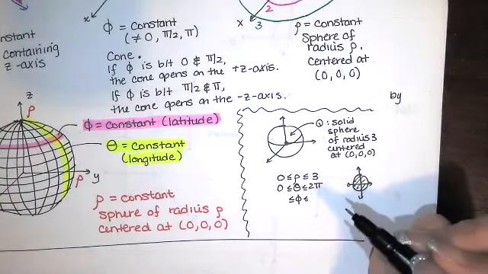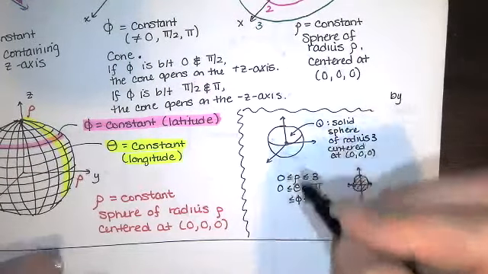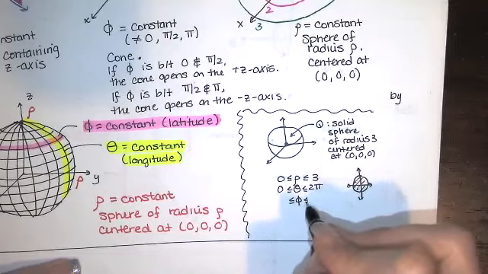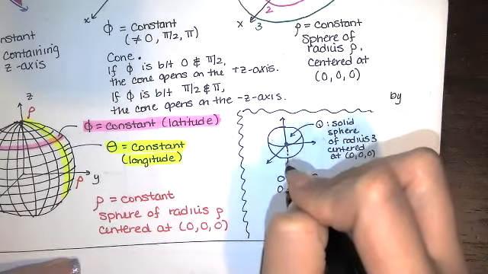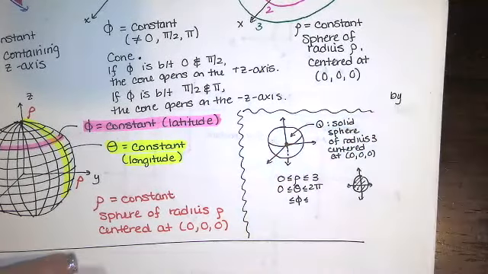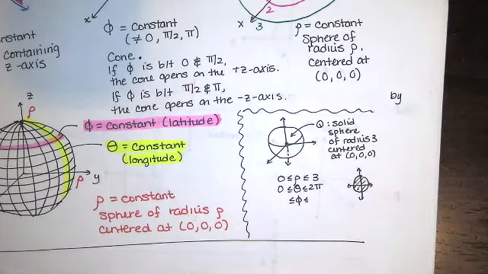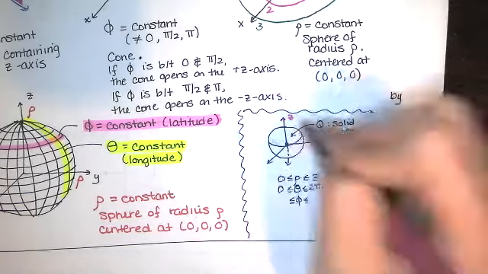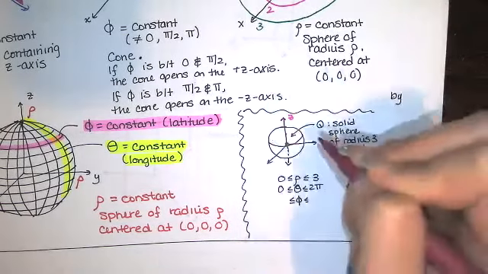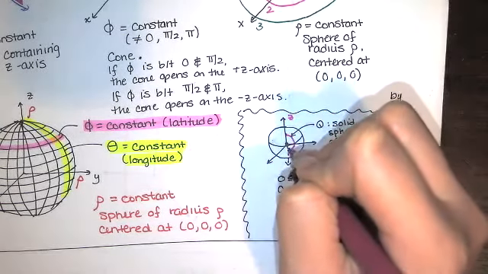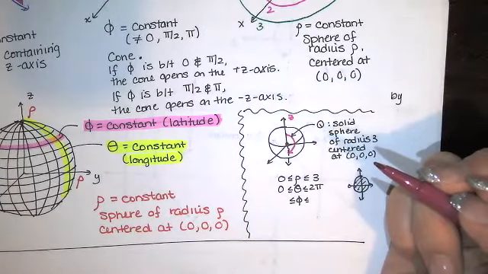Now careful here, a lot of people make a mistake on this one. Phi is an angle that we're making with the positive z-axis. In order to get the whole sphere, we start at the top on the positive z-axis and we go to the bottom, to the negative z-axis.